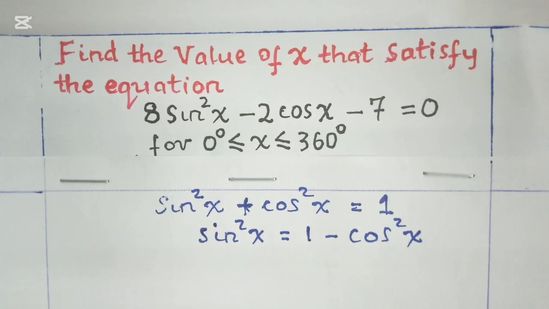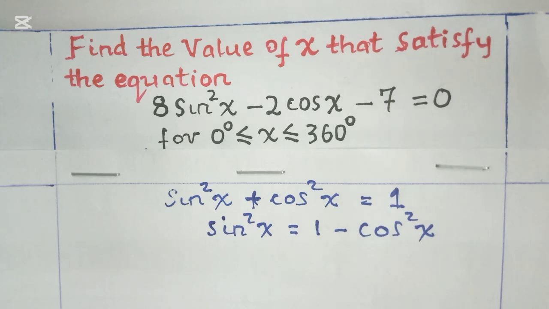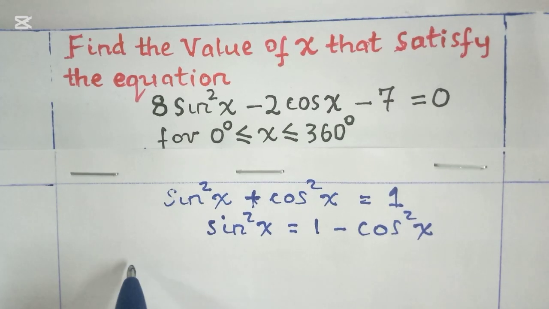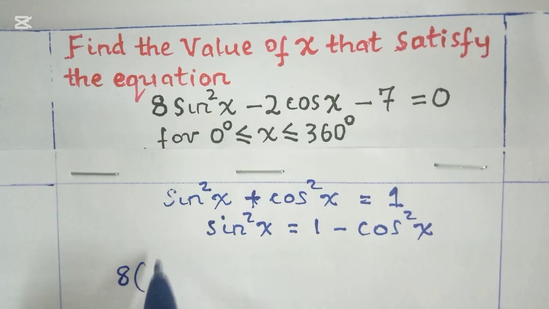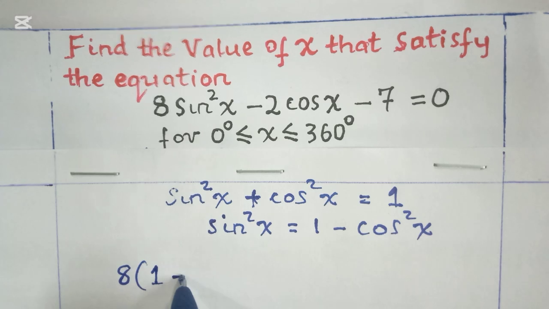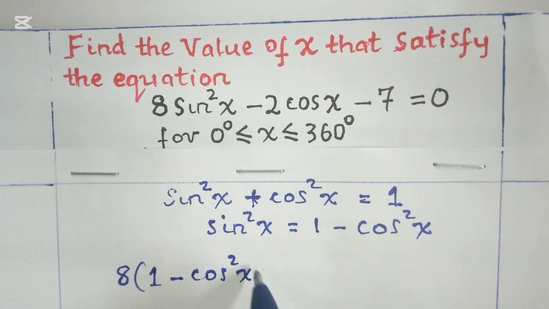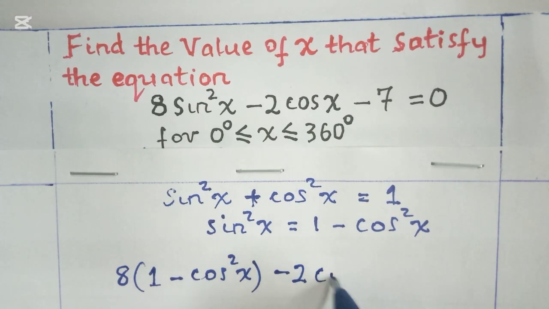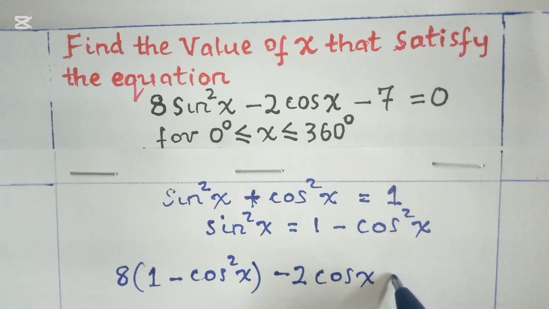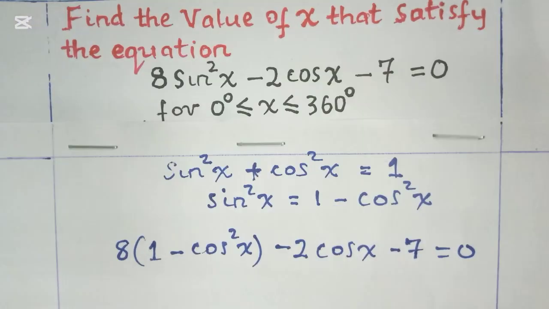We now replace that. We shall write 8, and instead of sine squared x, we put 1 minus cos squared x, minus 2 cos x minus 7, which gives us 0.